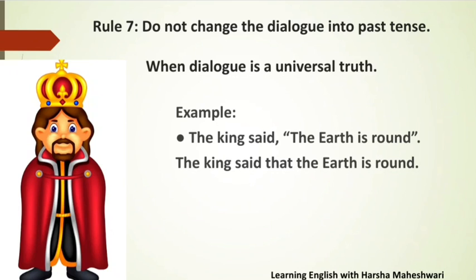The earth was round yesterday also, today also, and it will remain round in future also. So it's a universal truth. The answer is, the king said that the earth is round. We will not change is; it will remain the same.